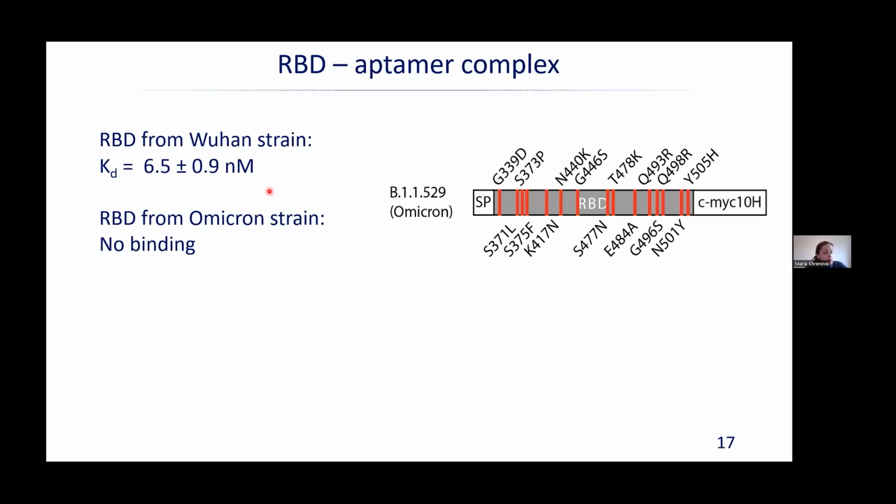So we selected the aptamer to the RBD from the Wuhan strain, and when we synthesized it, we got a really very low dissociation constant. That is really nice. But when we tried it with the Omicron strain, we found no binding. So this means that our aptamer is selective to the Wuhan strain, but not Omicron.